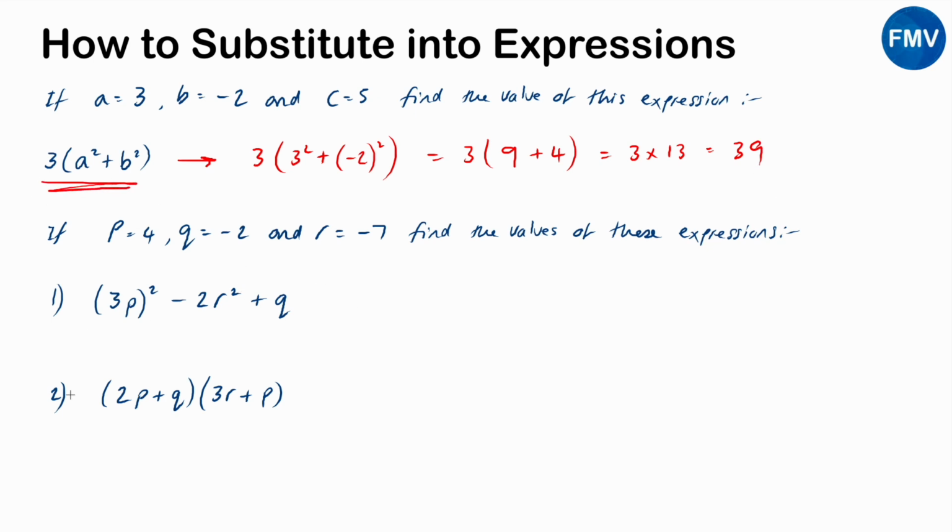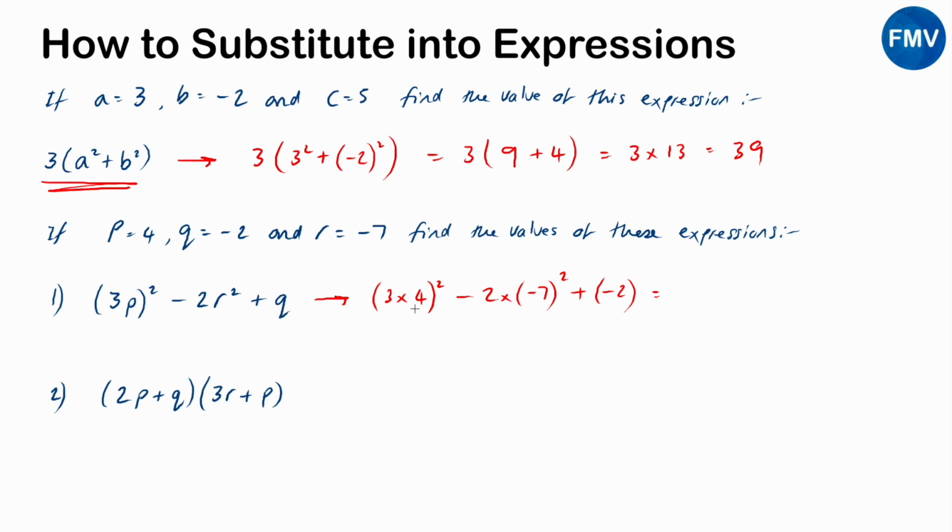Let's have a look at these next two questions. They look more complicated, but they're very much the same. In this case, P is 4, Q is minus 2, R is minus 7. So the same thing applies. 3 multiplied by P, which is 4, all of that squared, minus 2 multiplied by R, which is minus 7. So put that in a bracket. R is squared, plus the value of Q, and Q is minus 2. So again, it's just making sure you set it up properly.